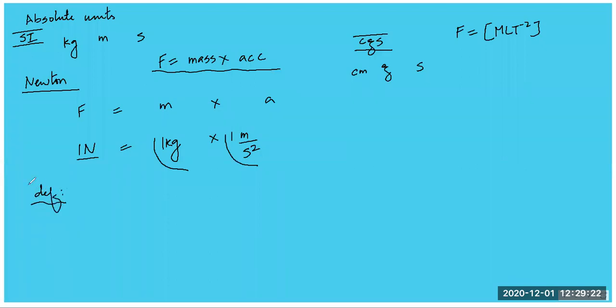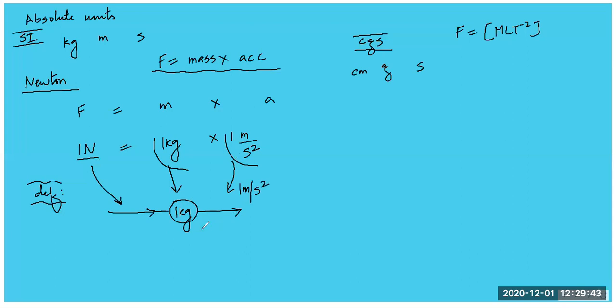How do we define it? Suppose there is a body of mass 1 kg. If I apply this much force on this body, it will be accelerated by 1 meter per second square.